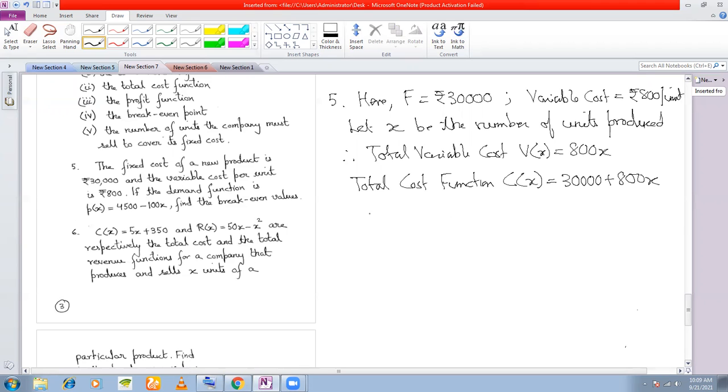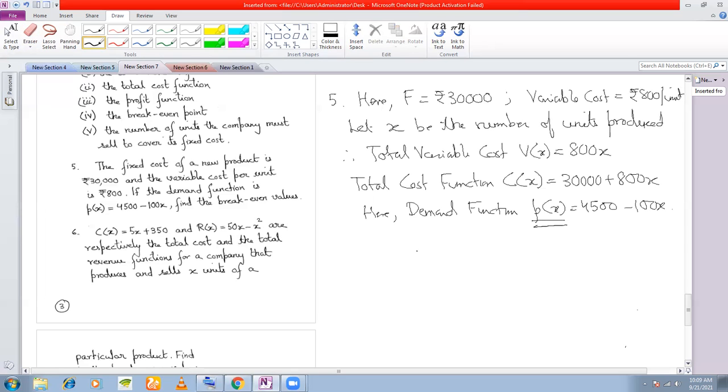Also, what is given to you is the demand function, in terms of x: 4,500 minus 100x. Demand function means the price per unit, given in terms of output. So what should be the total revenue function?